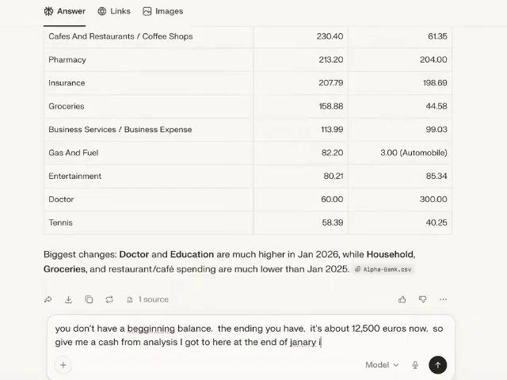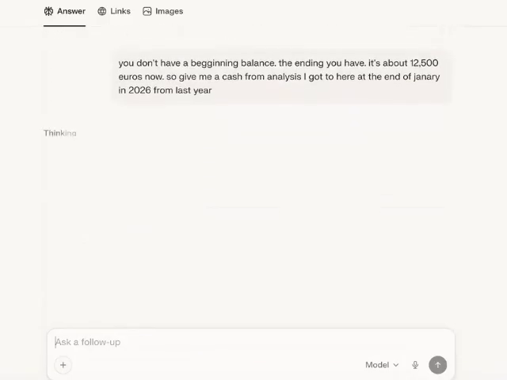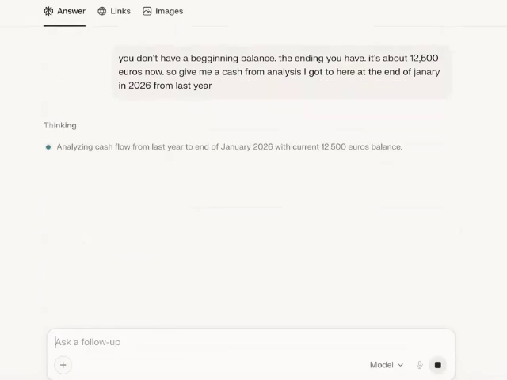In 2026 from last year. Let's see what it can do. So it needs to calculate the beginning balance given the transactions and given that I want to go back in a year.